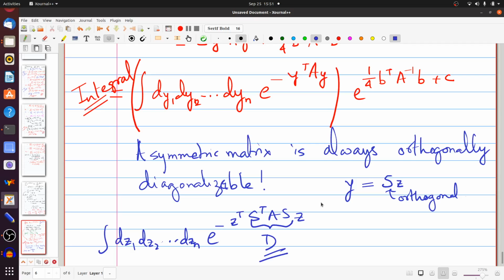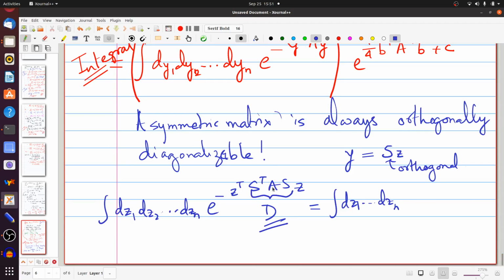So once it's diagonalized, this integral simply becomes dz1 to dzn, and this z transpose D z, where D is just diagonal, simply becomes minus lambda 1 z1 square plus lambda 2 z2 square plus lambda n zn square. All the off-diagonal terms, which were giving rise to the cross terms before, have all gone away.